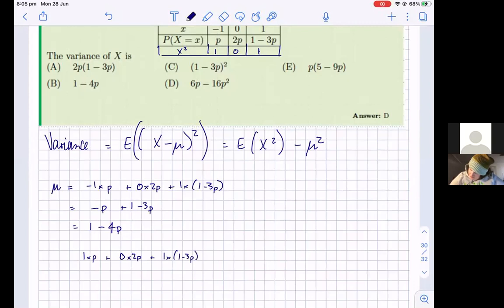So in this situation, we had 1 take 2p. So that's the expected value of x squared.